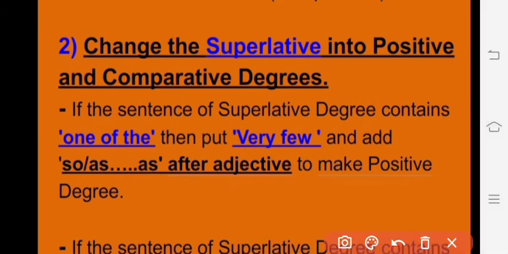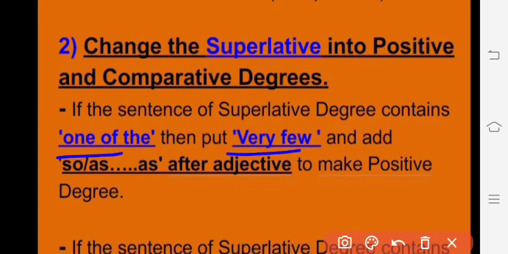Previously in this video, we discussed superlative degree converted into positive and comparative with the words est and most. But the second type is where the sentence is in superlative degree containing "one of the" or "very few."